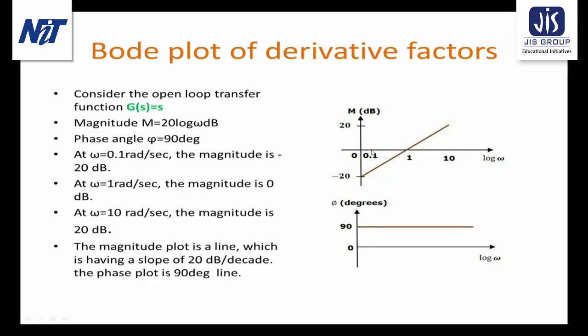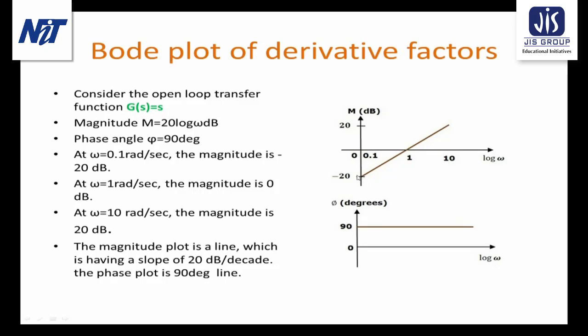That means between this 0 to 1 there is only one decade, and again 1 to 10 there is another decade, and 10 to 100 there will be another decade. So at omega equal to 0.1, the value of the magnitude is minus 20 dB.